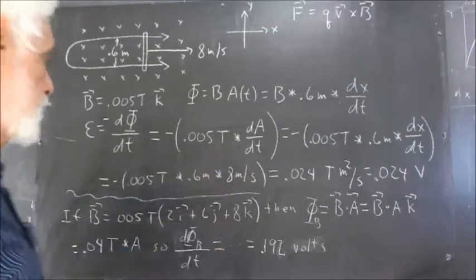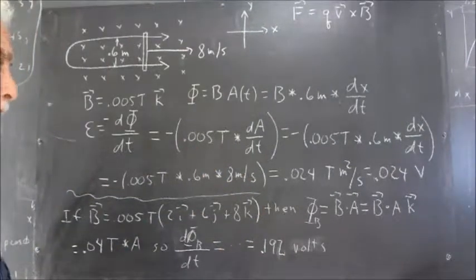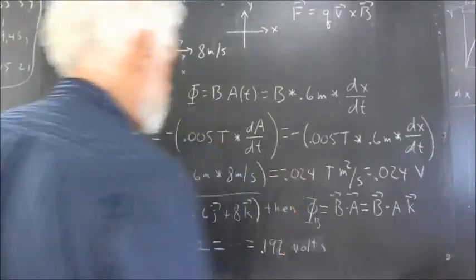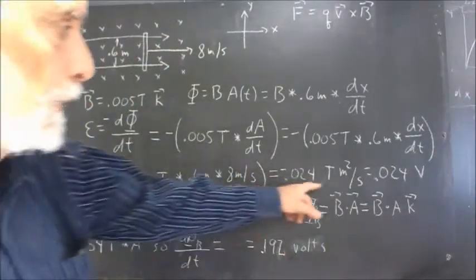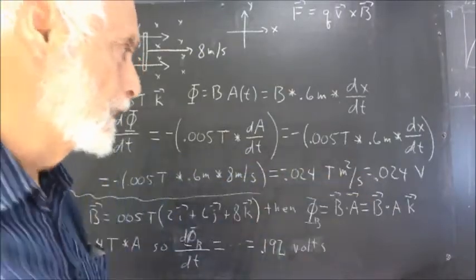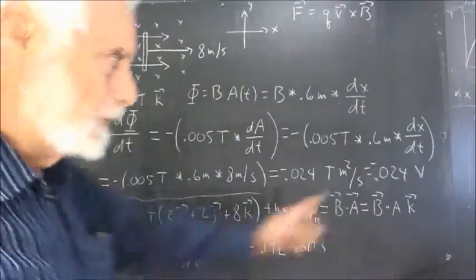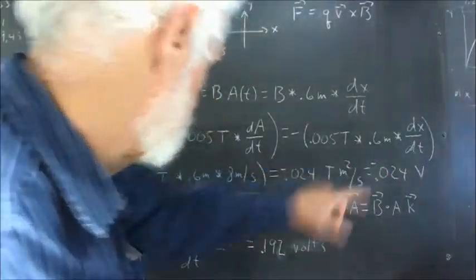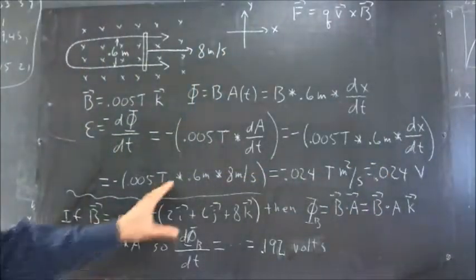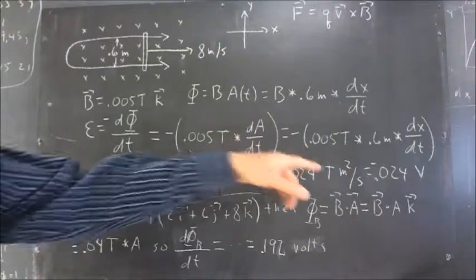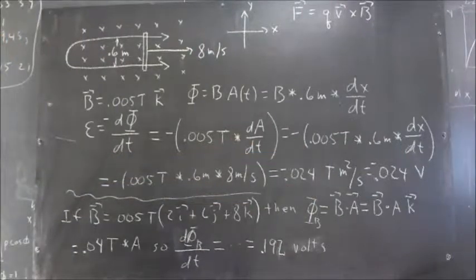So this calculation comes out in this case to negative 0.024 Tesla meter squared per second, or negative 0.024 volts. I'm being a little careless with signs today, but I'll try to be more careful when I go back through this. So we have a negative 0.024 volts, and what does that mean?